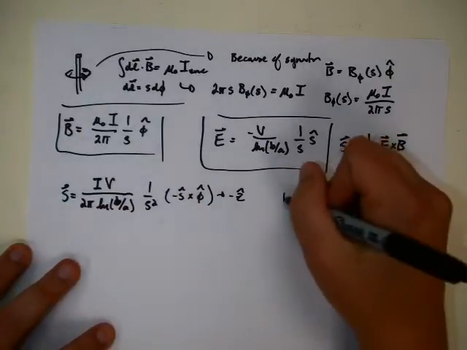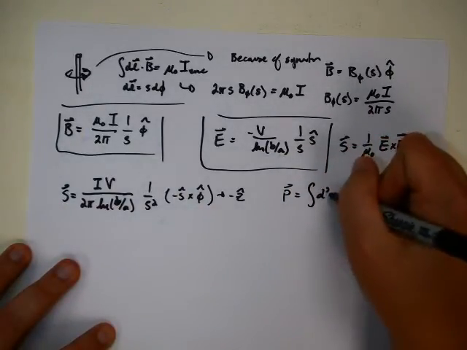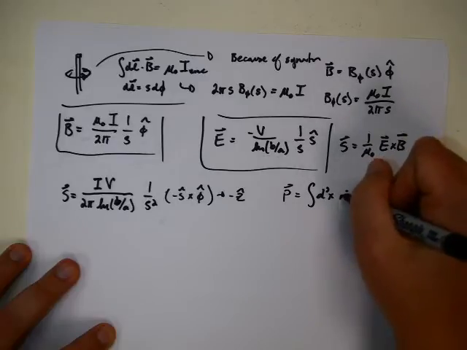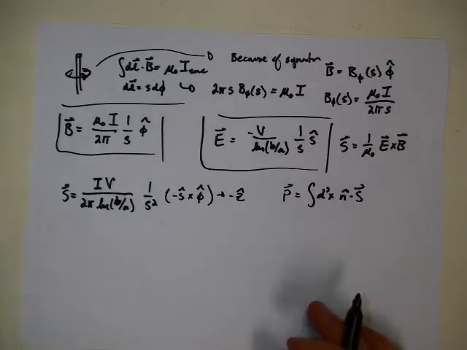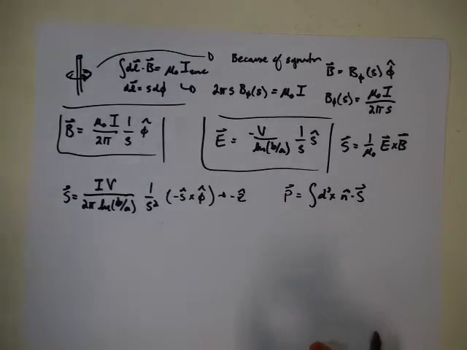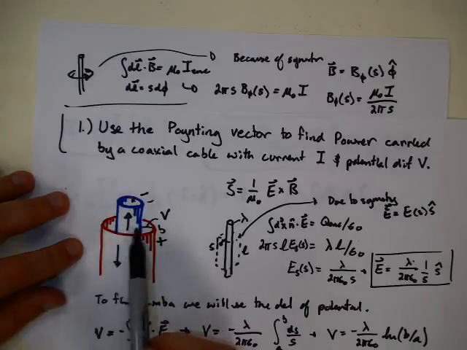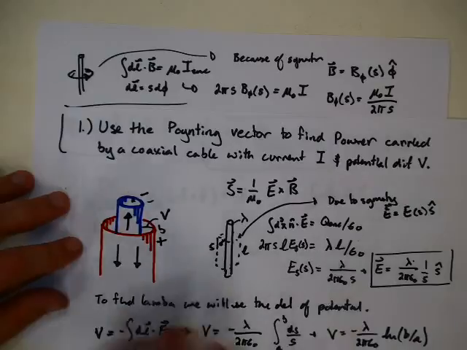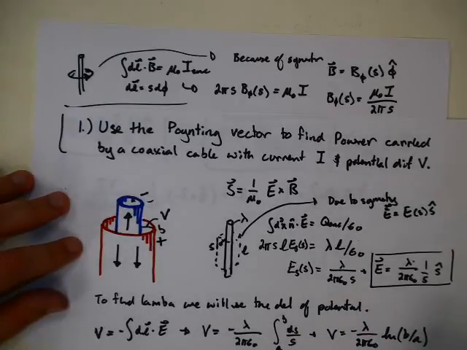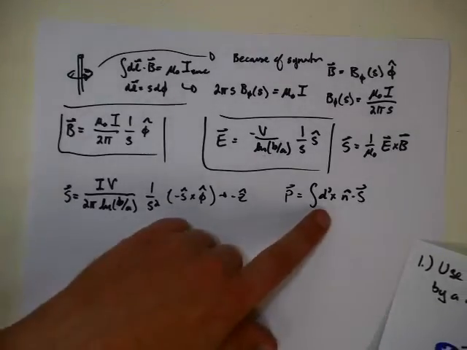Okay. So that's S. The request though is to use the Poynting vector to find the power. And to do that, we use the definition of power as the surface integral d2x n hat dot S. And so the surface that we'll look at will be a surface perpendicular, this annulus in between these two regions, because that's the only place where these fields exist. The fields are zero elsewhere. I didn't mention that, but that's true. And so we're going to integrate over that annulus.